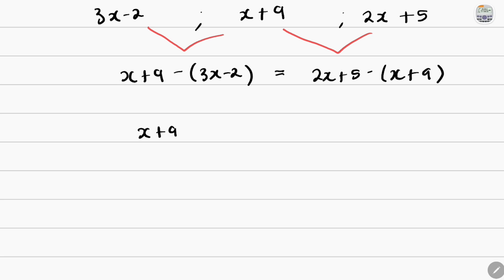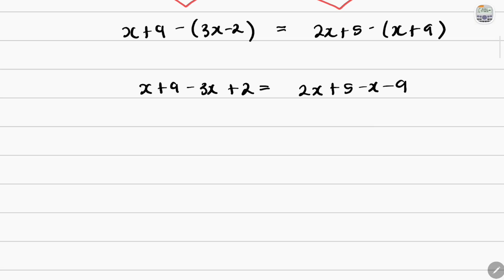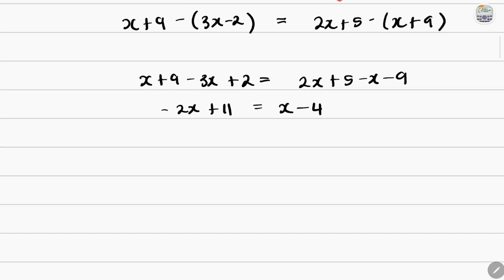And so let's go ahead and simplify. This is x plus 9, and then we distribute in negative 3x, and then positive 2 equals, and we have 2x plus 5 minus x minus 9. Just simplify the left and right hand side first. x minus 3x is negative 2x, and then 9 plus 2 is 11. Is equal to, and here we have 2x minus x, which is x. 5 minus 9 is negative 4. Okay, and now we can transpose.